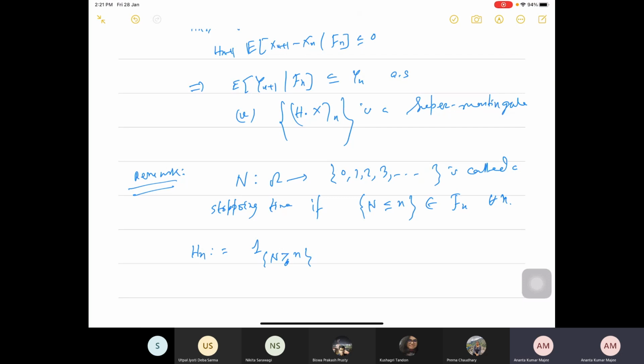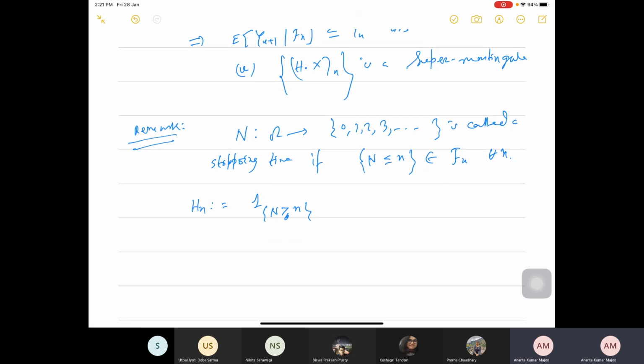Then you see that this h of n is F of n minus 1 measurable, hence by definition it is predictable, and it is also non-negative and bounded by 1.